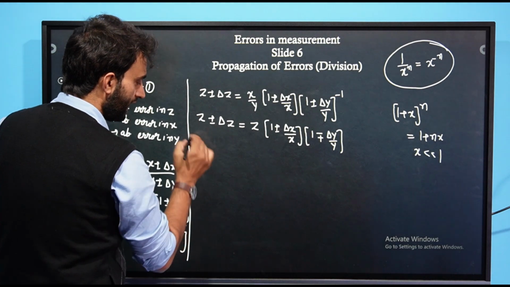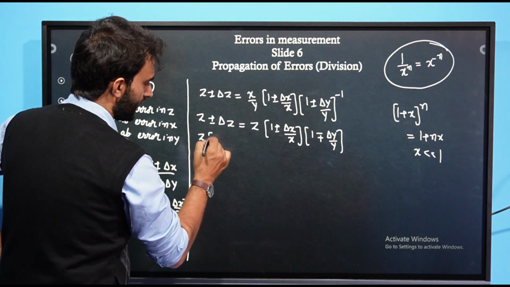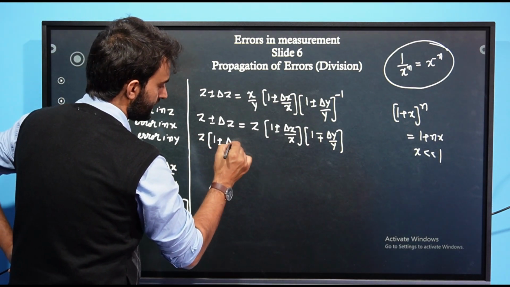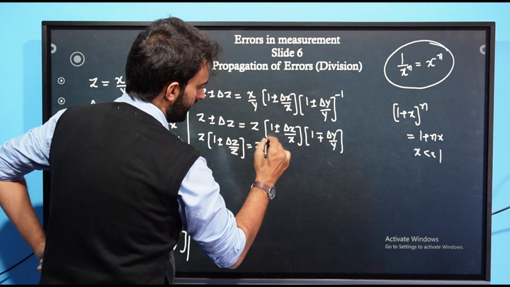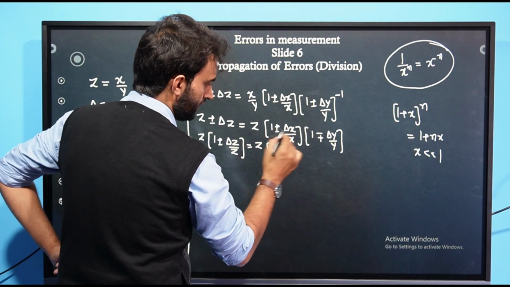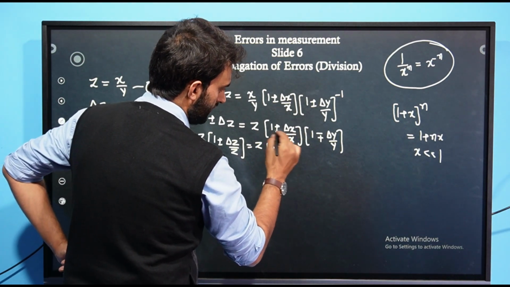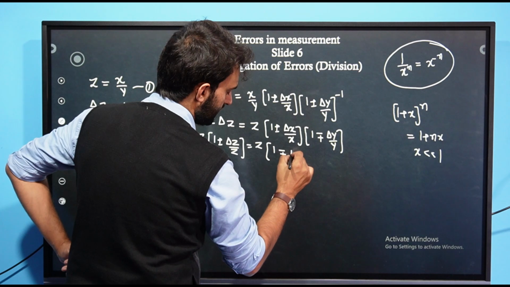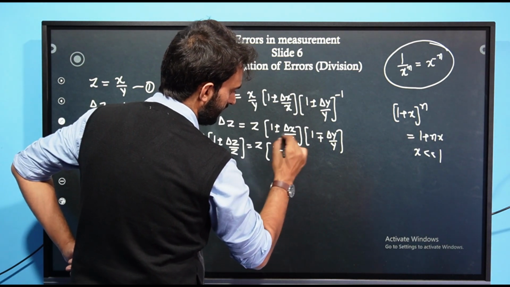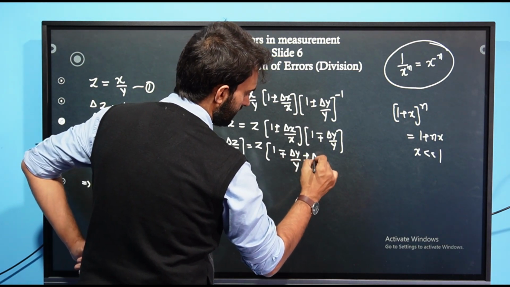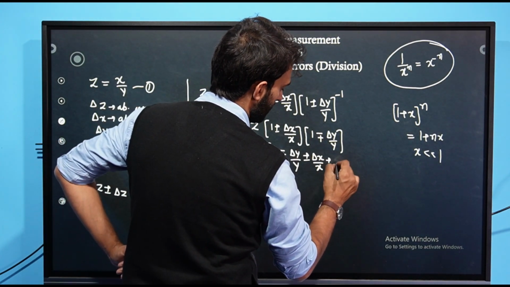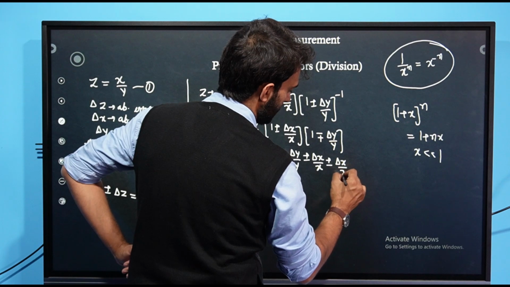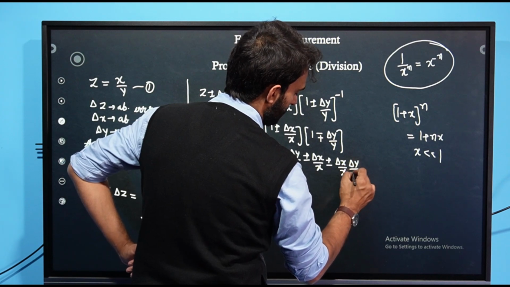So now if we take z common from here, we can write it as z times 1 plus minus delta z by z is equal to z into 1, okay, then minus plus delta y by y, then plus minus delta x by x, then again plus minus delta x by x and delta y by y.